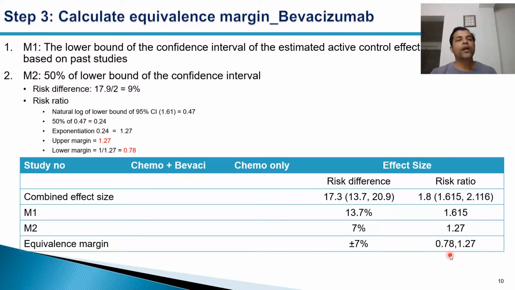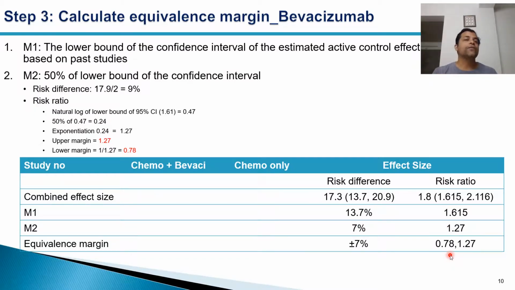Now one point I would like to address: what are we doing? We are calculating the margin for the risk difference approach and the risk ratio approach. Why? Because sometimes a regulatory agency, for example if you are doing a trial for Europe and the US FDA both, then Europe's regulatory agency, known as EMA, may say that you calculate the sample size based on the risk difference approach.